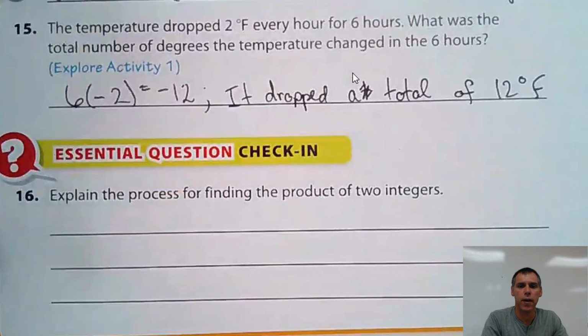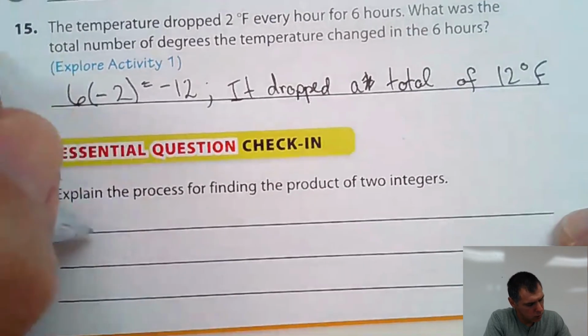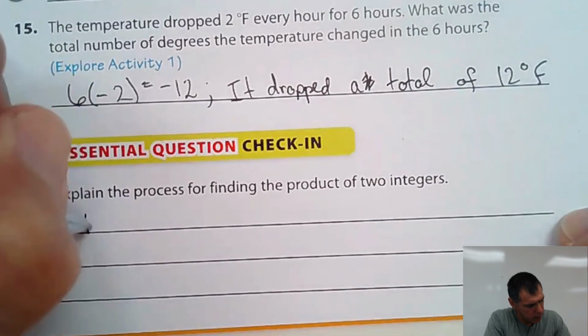Explain the process of finding the product of two integers. Okay, so I got my notes here. Well, what I say is we could use the zero triangle. So really just multiply.